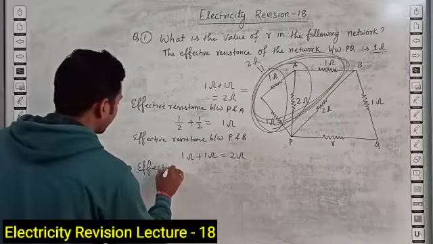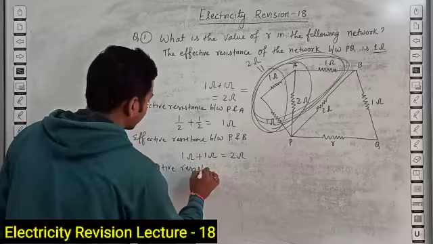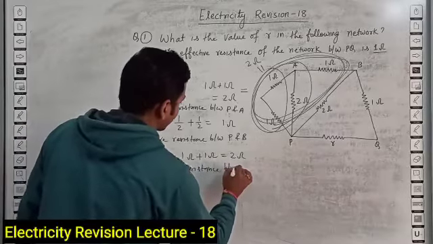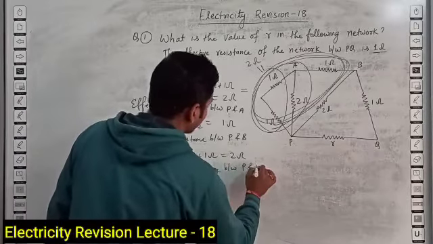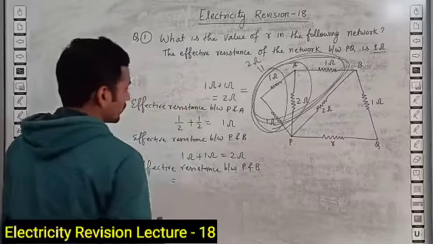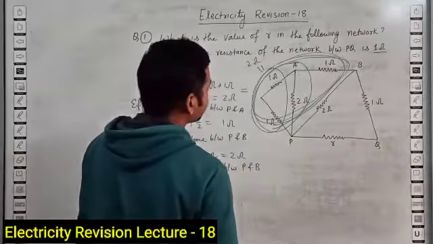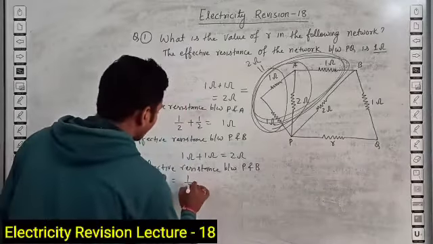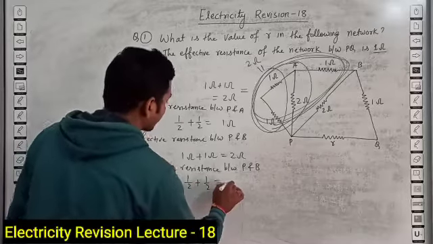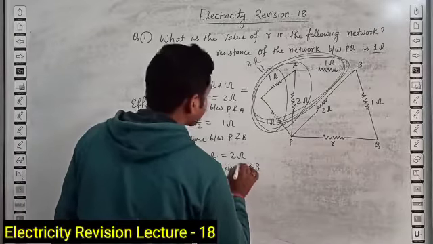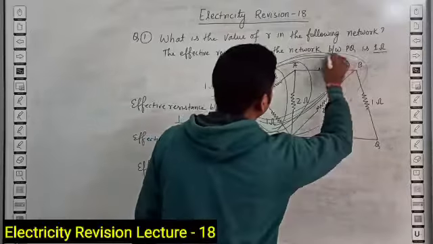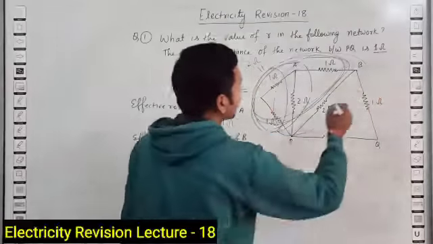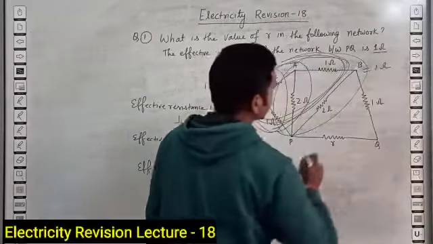Then the effective resistance between P and B: 1 upon 2 plus 1 upon 2, this is 1 ohm resistance. This whole comes to 1 ohm resistance.